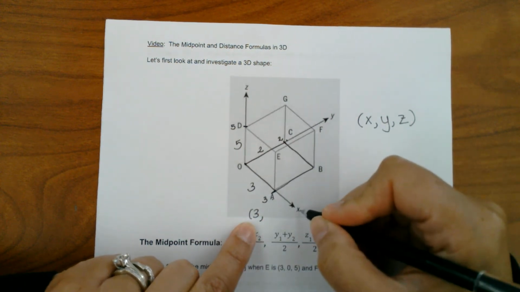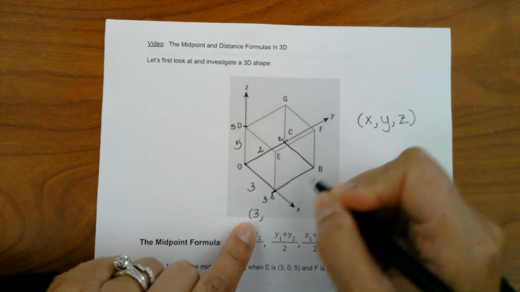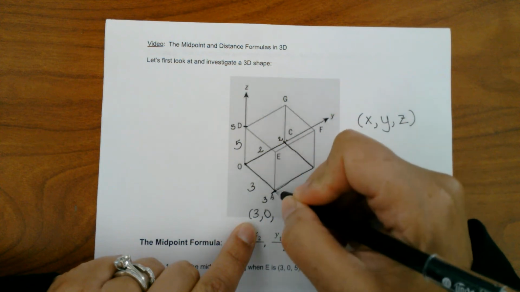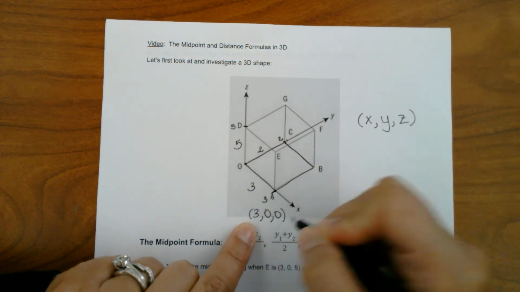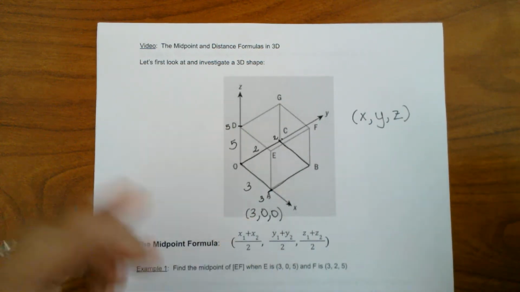That's where it is on the x. Now, has it gone anywhere for the y? Is it anywhere over here? Nope. So that's 0, comma. Has it gone up? Do we have any height to it? Nope. 0. So this just means that it's on the x-axis at 3.